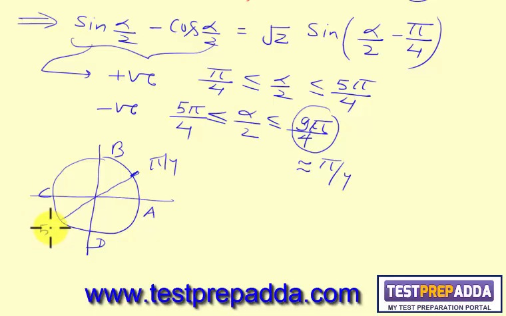This is 5 pi by 4. So this side it is negative, and if I say this side, it is positive. Got the idea? So this side negative, this side positive.